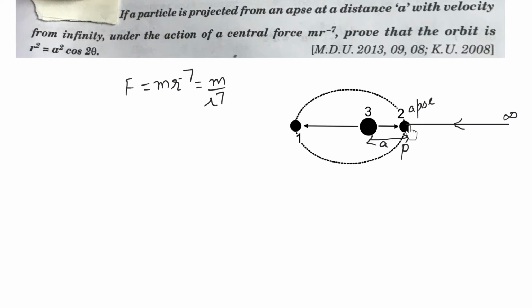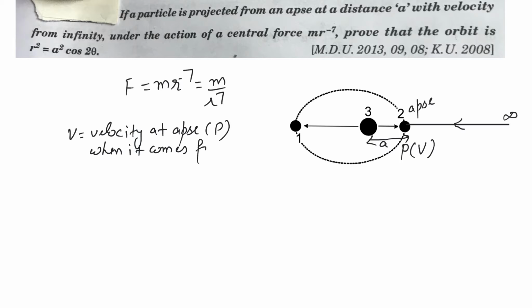When the particle comes from here, it has acquired velocity v. Say v is the velocity at apse P when it comes from infinity.